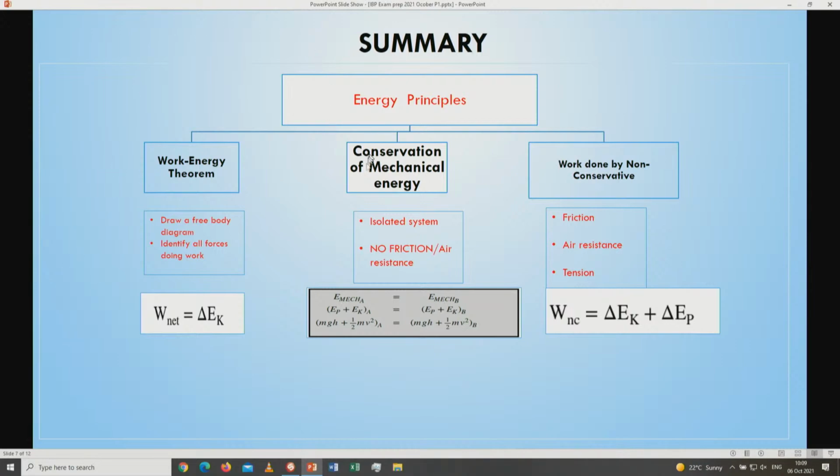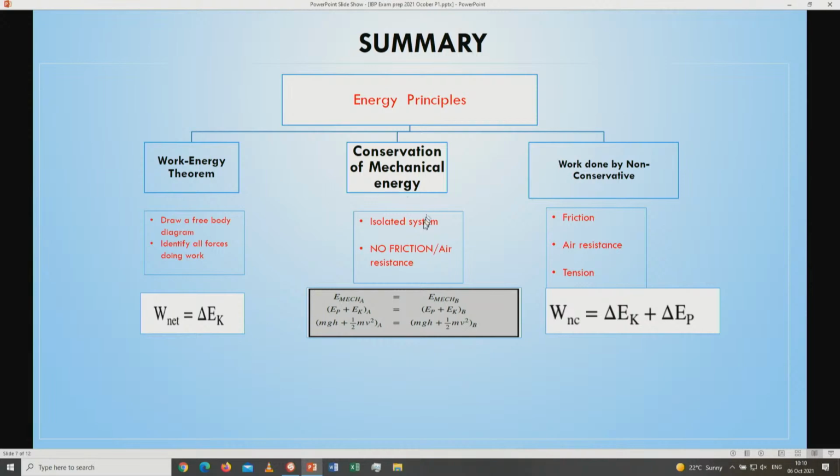Then we have conservation of mechanical energy. For me to apply conservation of mechanical energy, I must have an isolated system. Remember what conservation of mechanical energy is saying: the total mechanical energy of an isolated system is conserved. So for me to use it, the system should be isolated.